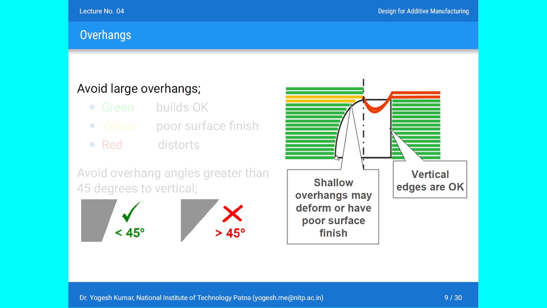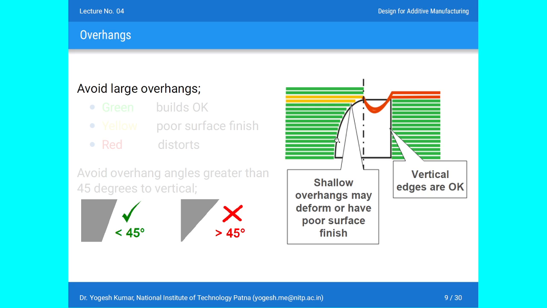If you take this overhanging portion, the angle will be less than 45 degrees.